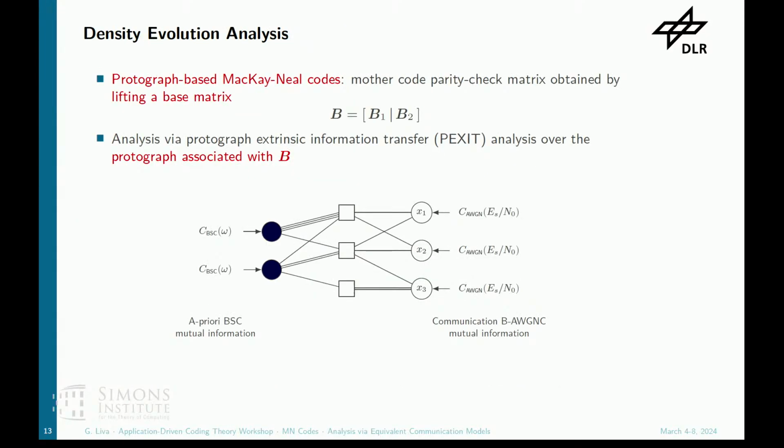For instance, we can do a density evolution analysis. We can construct protographs that are optimized for the transmission over a Gaussian channel with a given a priori binary symmetric channel parameter.